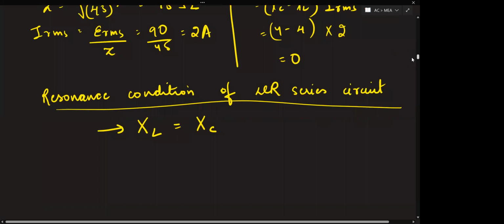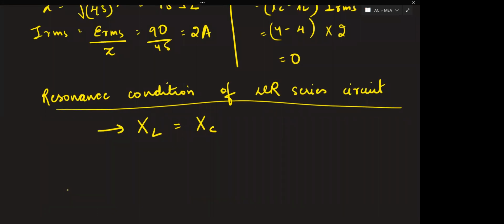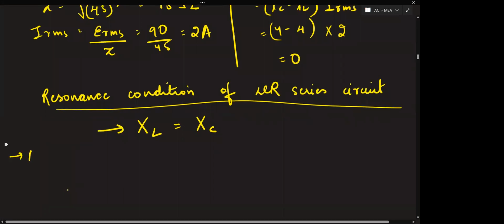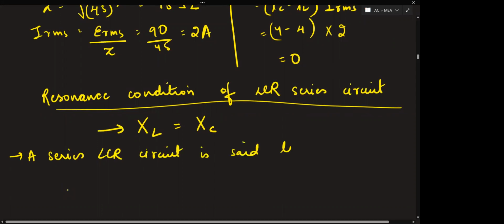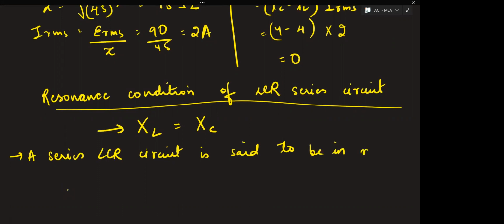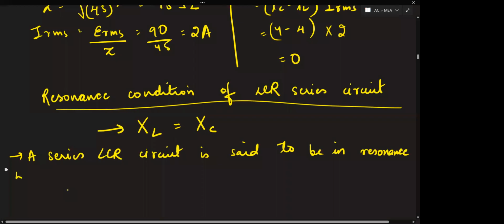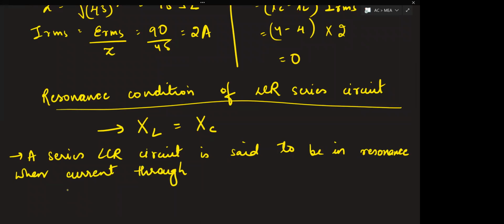But in actuality, what happens? What is the resonance condition? A series LCR circuit is said to be in resonance when the current through it has its maximum value.